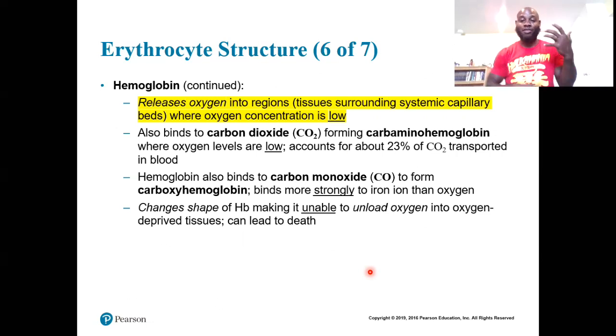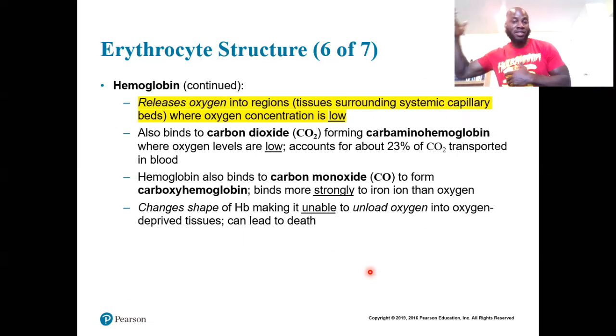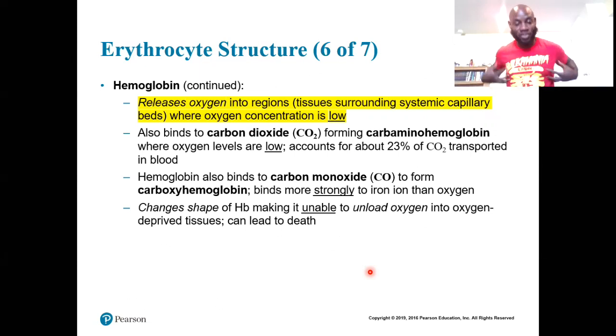That's the general picture. There's more to the process, but that's the general idea of how oxygen gets from the outside environment into our lungs, into our blood, and then eventually disperses throughout our body.